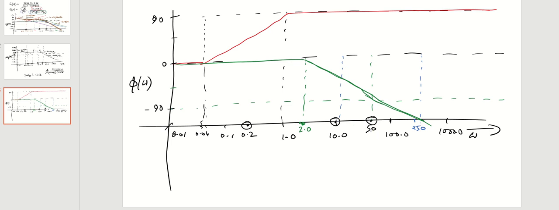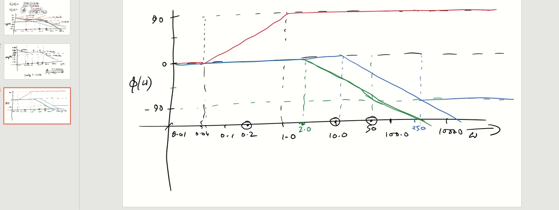So for 50, it's going to come from this. So we're going to consider the blue line. So it's going to be here and here. Sorry, and then we'll have to have this line. It's not going to really go down there, is it?